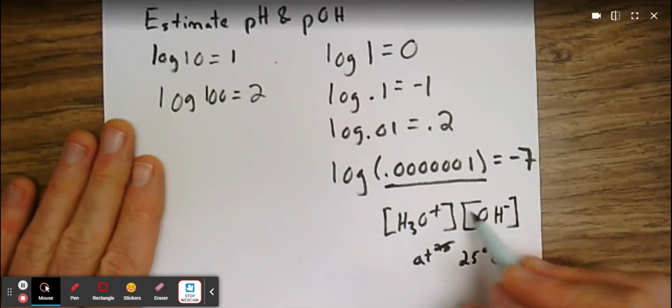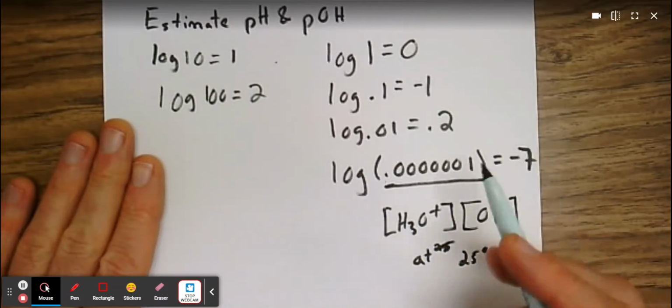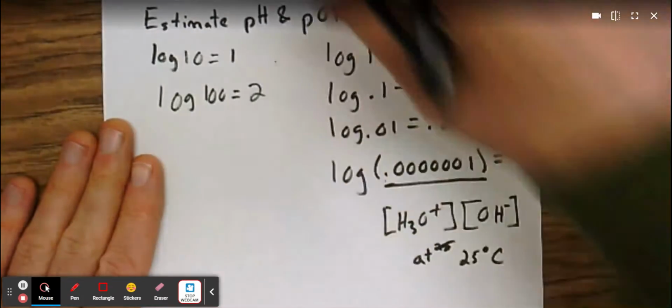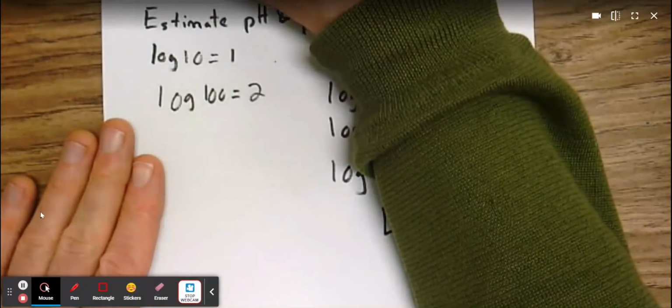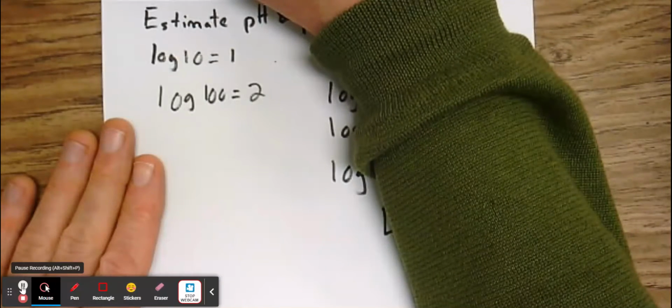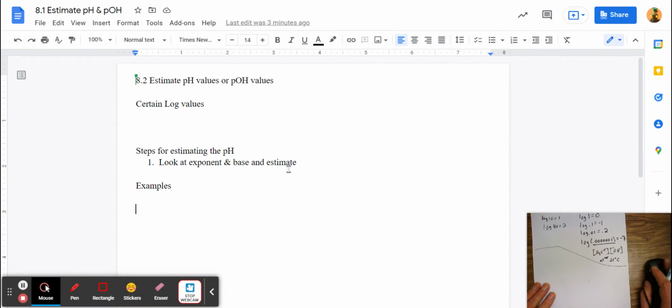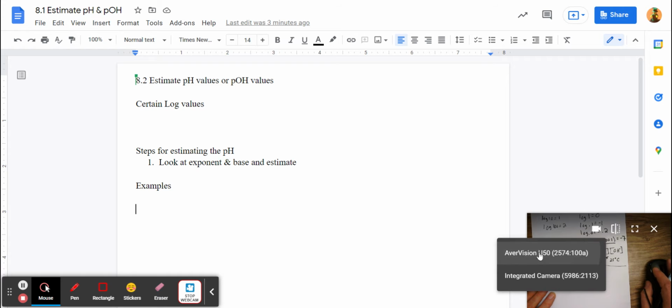Therefore, to know these things and estimate them, it's really important. Now here are my steps, and the easiest way is to do some examples. Look at the exponent and look at the base, and then estimate.